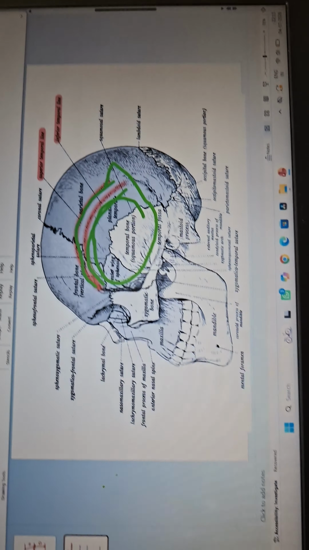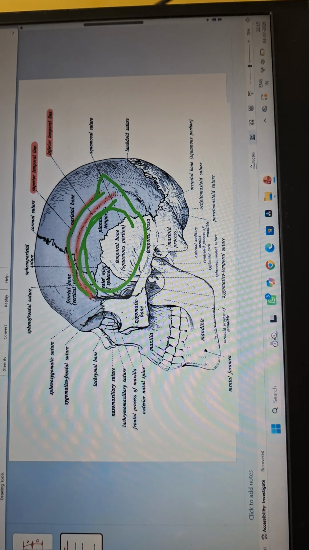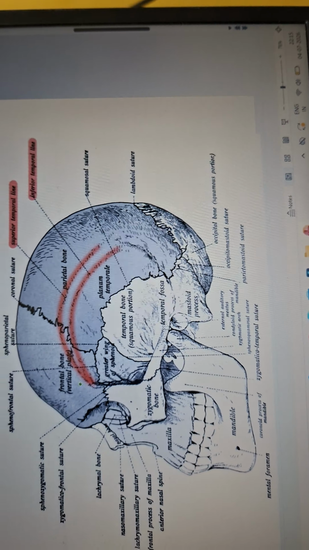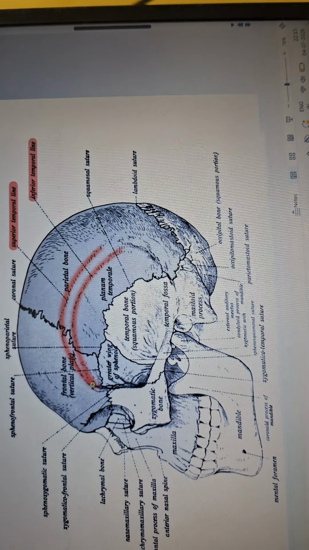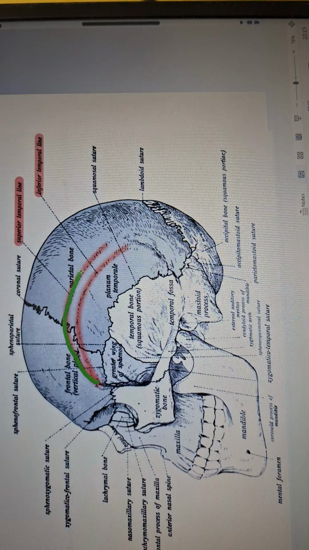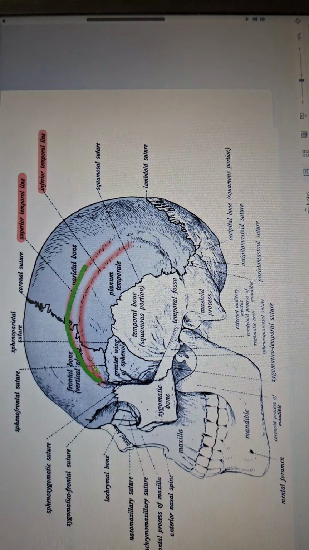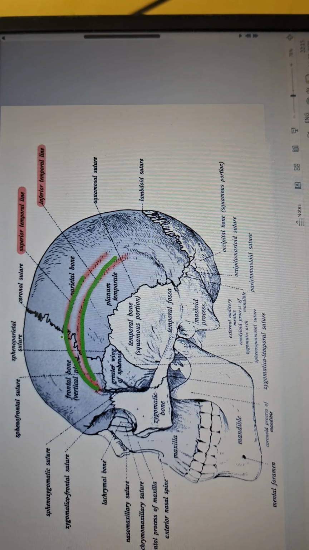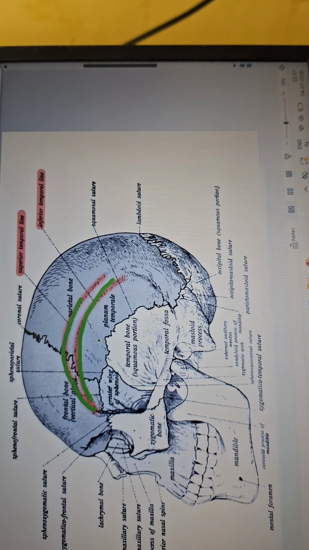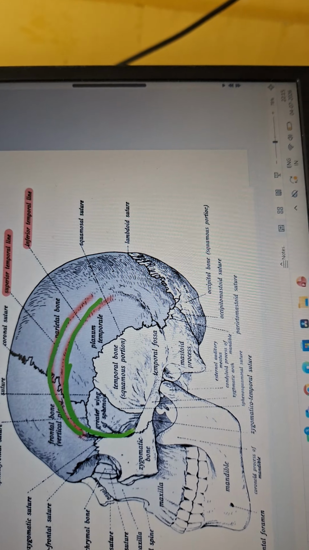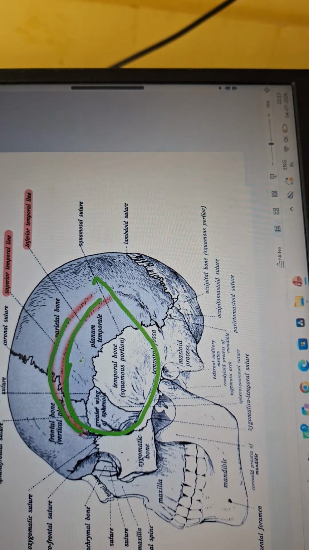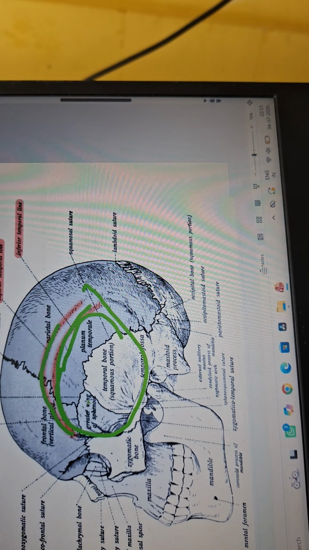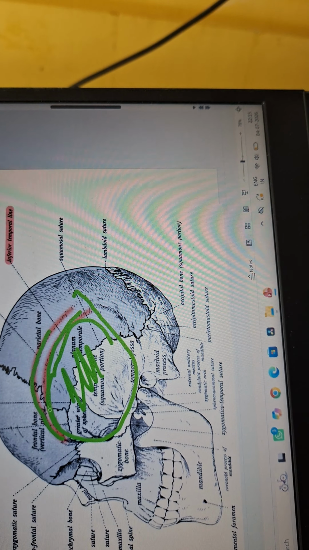So if you can see over here, here we have these lines. This one here is the superior temporal line, and this one is the inferior temporal line. And these lines form the upper border of the temporal fossa. So this is your temporal fossa, and the upper boundary of this temporal fossa is formed by these two lines.